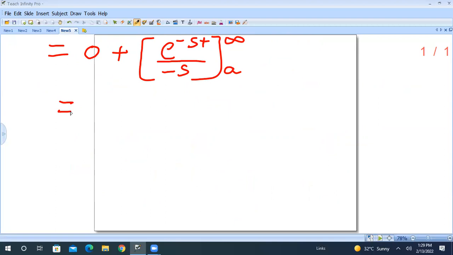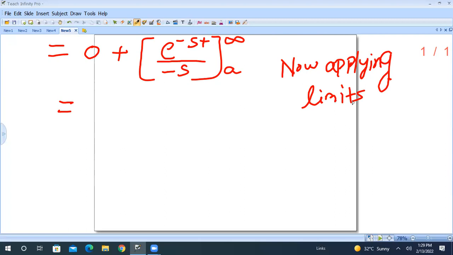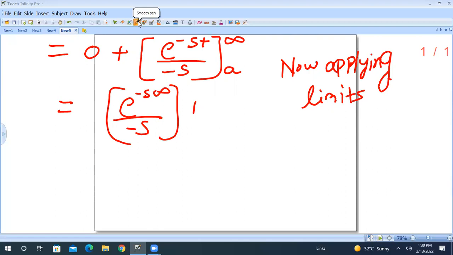Now we apply the limits. One limit gives e to the power of minus s infinity, which is 0. Then the remaining term has minus of minus, which will be plus, so we get e to the power of minus s a divided by s.